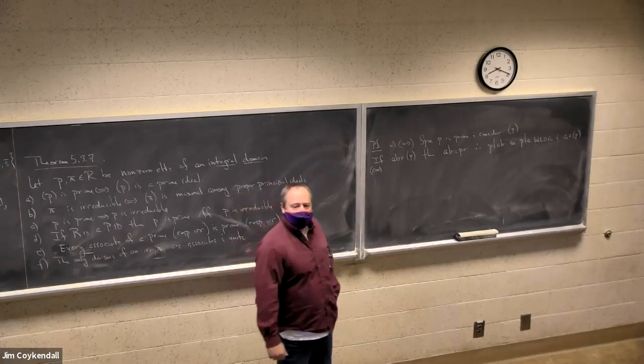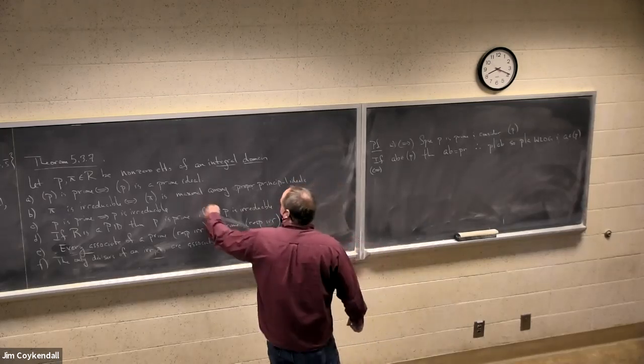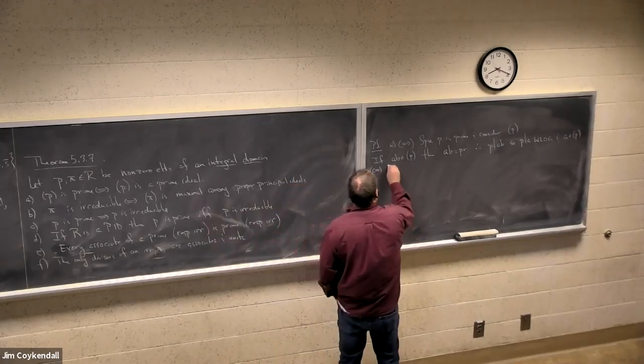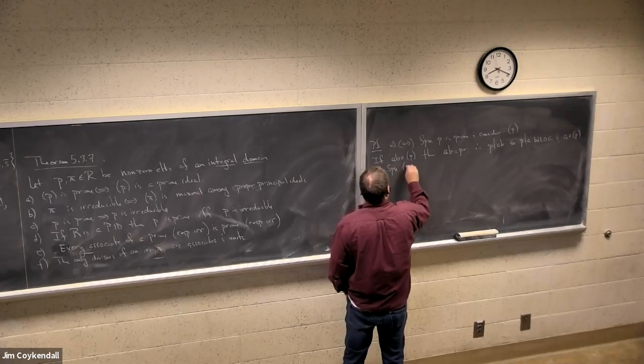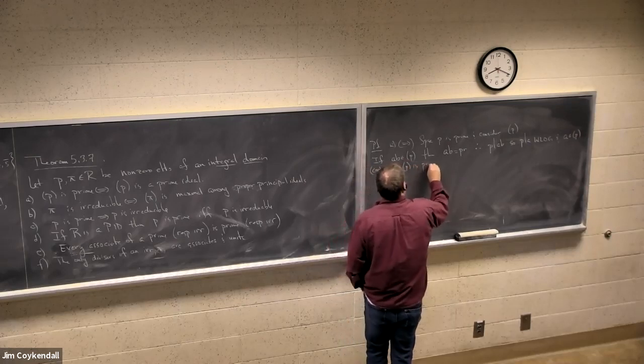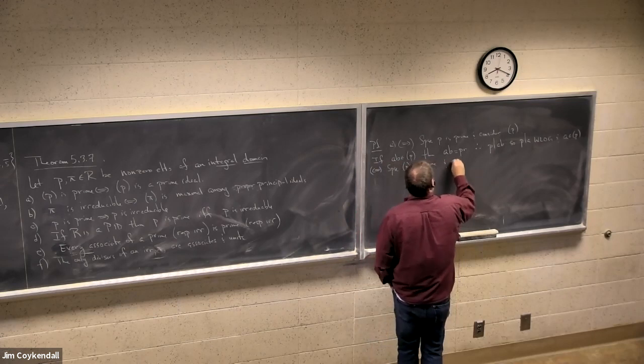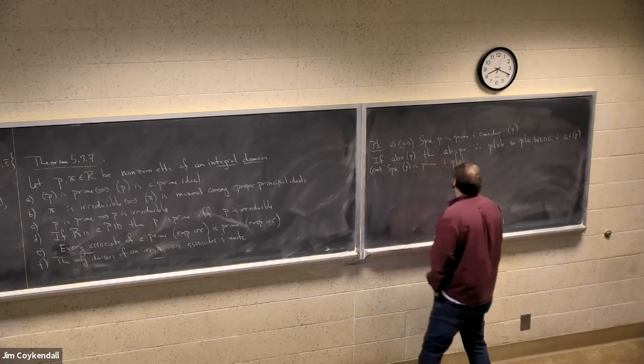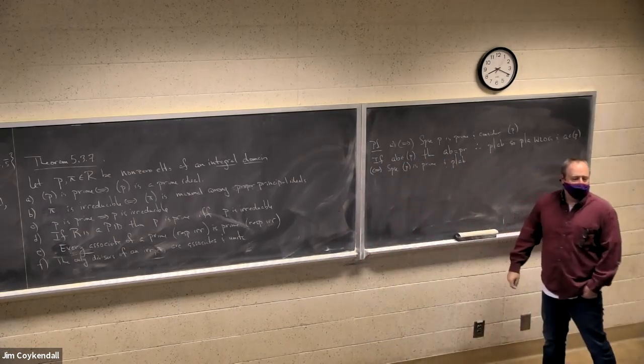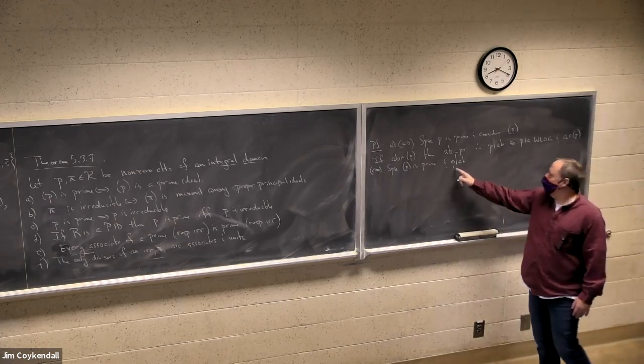Now let's suppose that P is a prime ideal. If P divides AB, well, we've got to show that P divides one of these two.